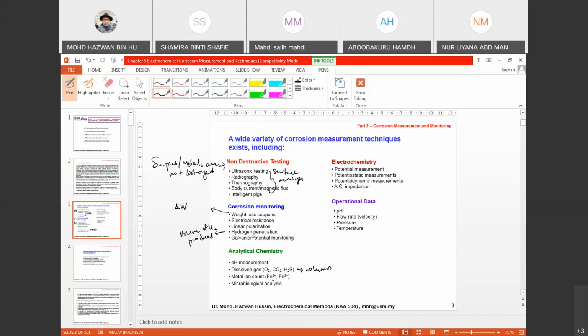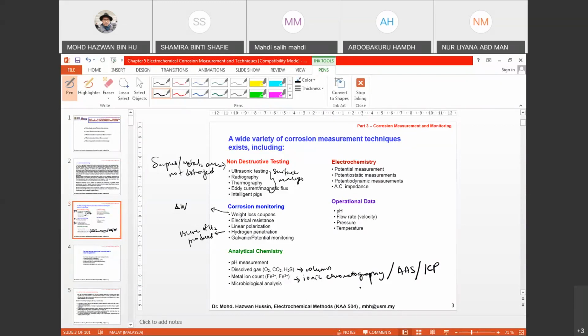And then we can also use ionic chromatography, atomic absorption spectroscopy, and inductively coupled plasma to determine the metal ion count, what metal ions are present in the samples.